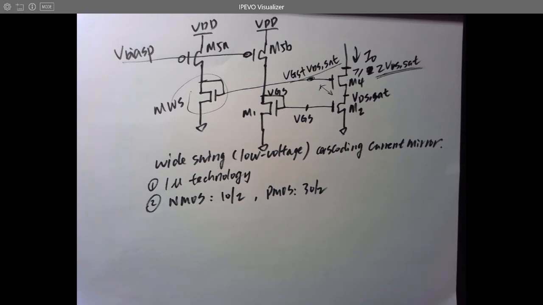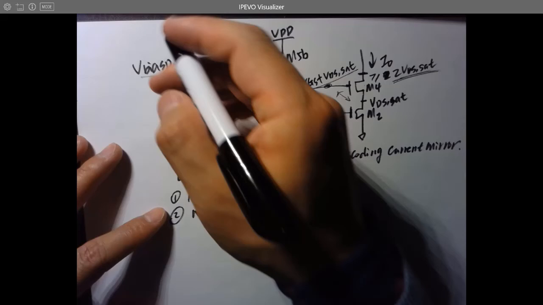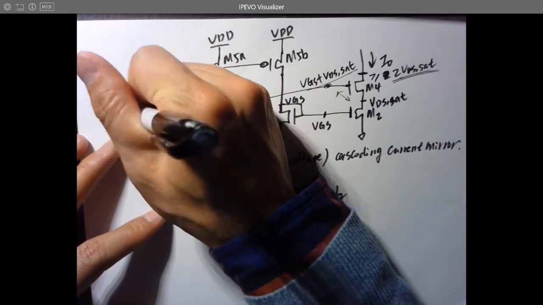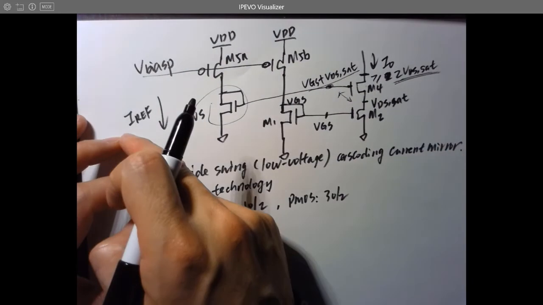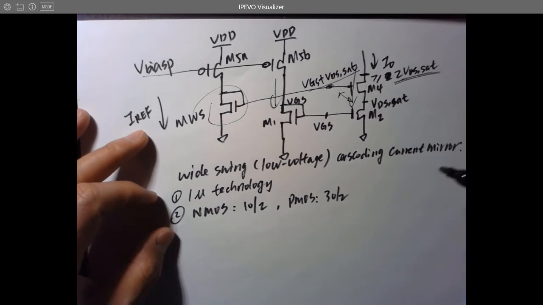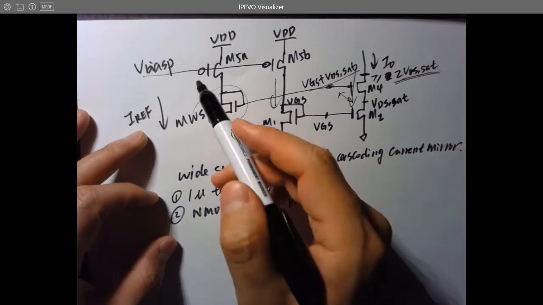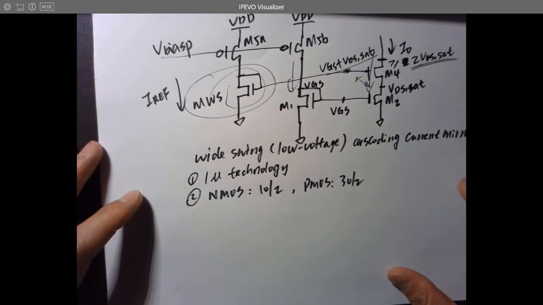So now the question is, how can you have the current flow through here, IREF, to copy that voltage to here and here? So what's the requirement for the size of this transistor? So now let's find out.